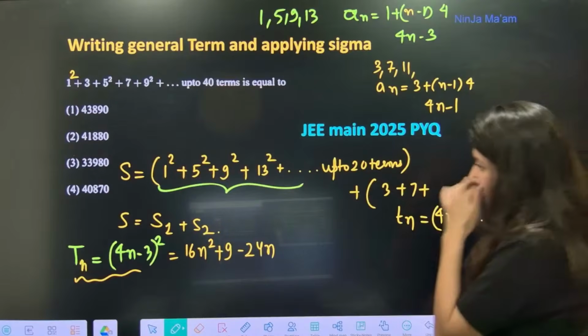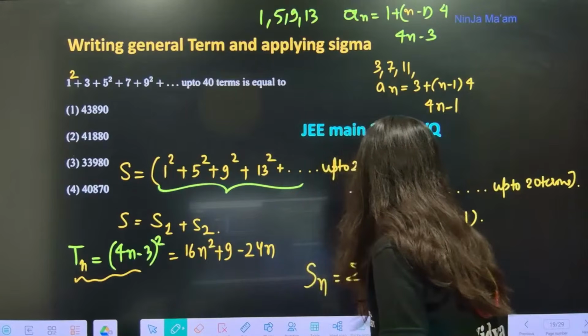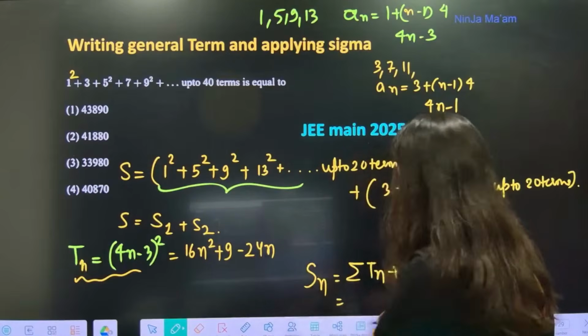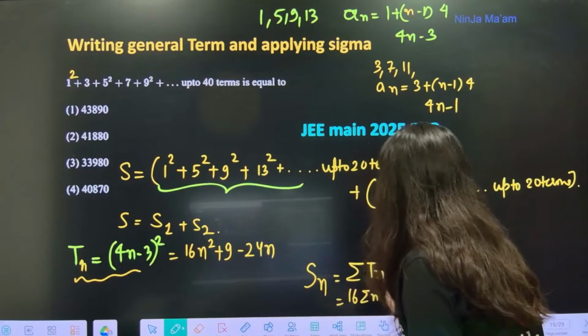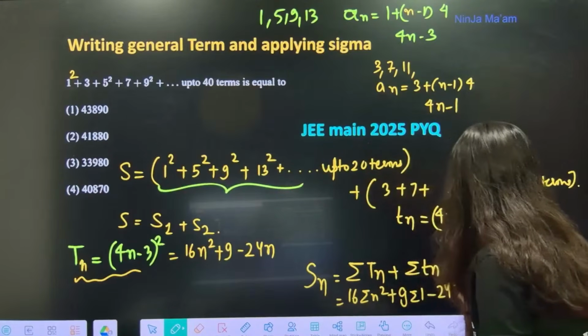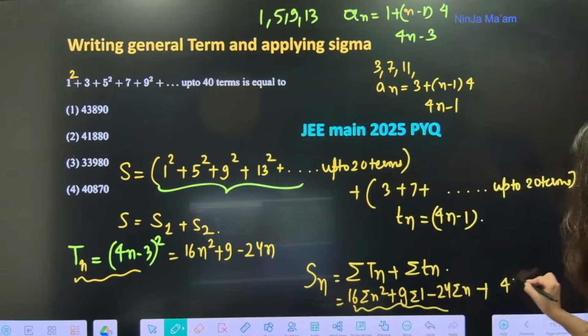Okay. So now Sn is equal to sigma Tn plus sigma Tn. Sigma Tn: 16 sigma n squared plus 9 sigma 1 minus 24 sigma n, plus 4 sigma n minus sigma 1.